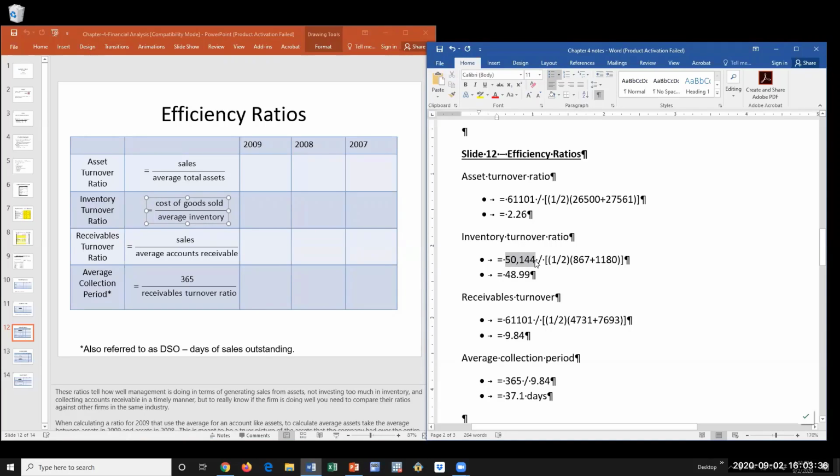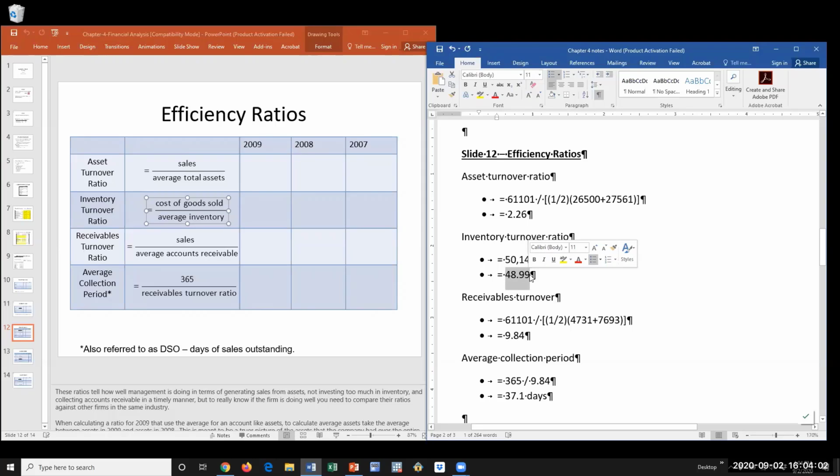It's 50,144. And then inventory for this year was 867, and inventory for last year was 1180. Let's take the average of that. So that's the average inventory over the entire year. Divide that into cost of goods sold, and we get 48.99.